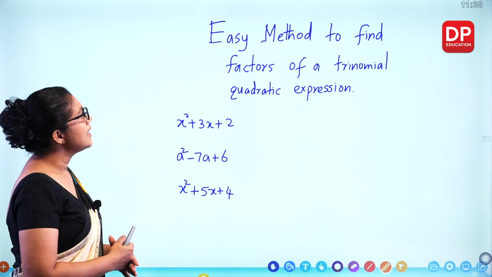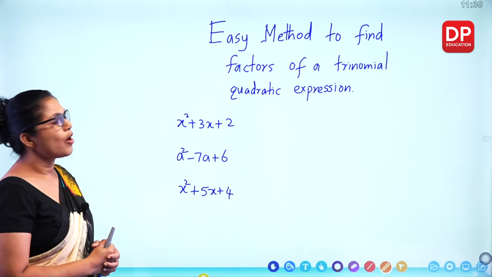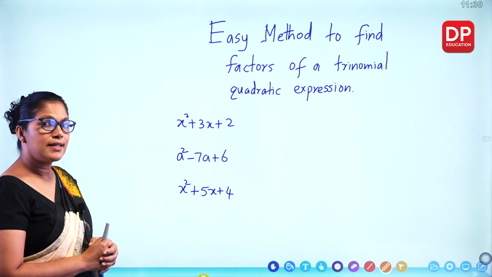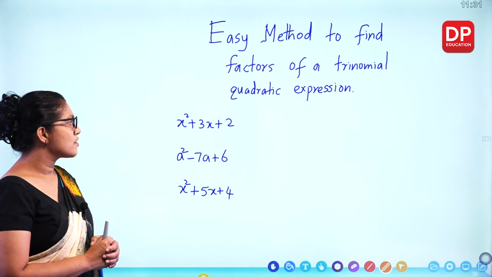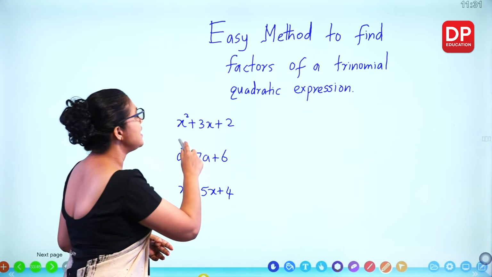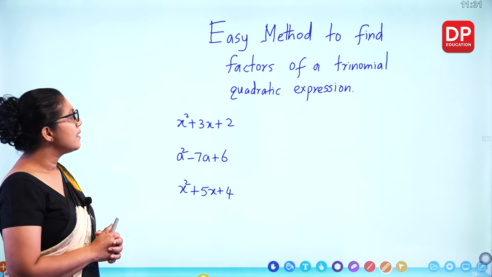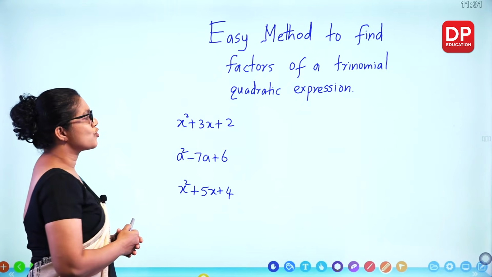Now we'll see an easy method to find out factors of a trinomial quadratic expression. So here in chapter 7, you did factorizing quadratic expressions. Now we'll do an easy way to get the factors. Now look at this expression, x squared plus 3x plus 2.